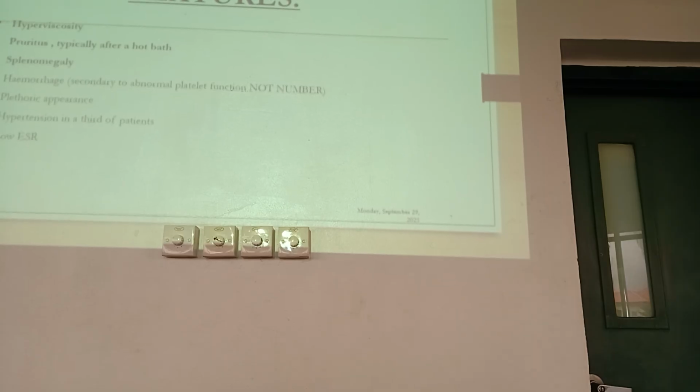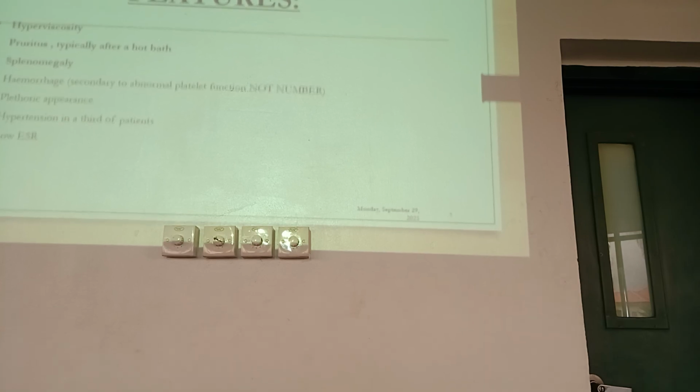And then it will cause hyperviscosity syndrome. And because the spleen will have more responsibility of destroying red cells, because you have plenty of red cells, it's going to cause enlargement of the spleen.